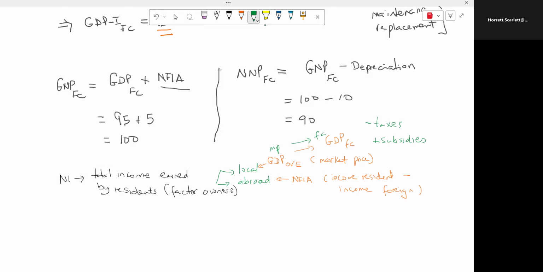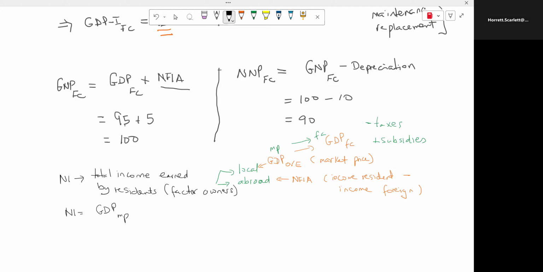So given all of that, if we then go back to our computation of national income, which we're saying we want it to be at factor cost, then national income is going to be GDP at market price, because there are two measures for GDP out of the three, which are treated at market price.